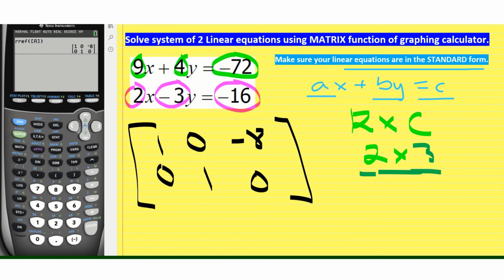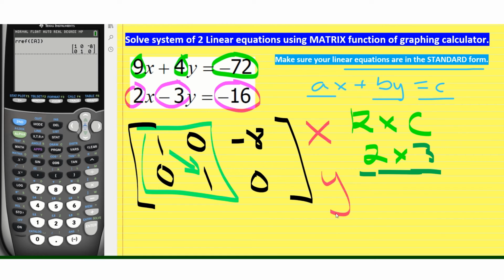What is notable always about this is that we need to make sure that we have all ones and zeros in these columns and rows, and my ones will follow a diagonal direction. When that is true, that means that these should be my correct answers. This -8 should be my X value. This 0 should be my Y value.